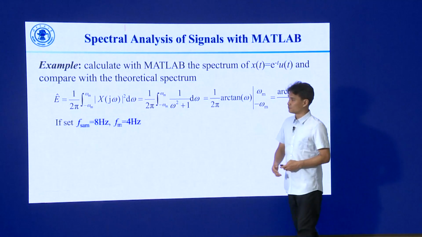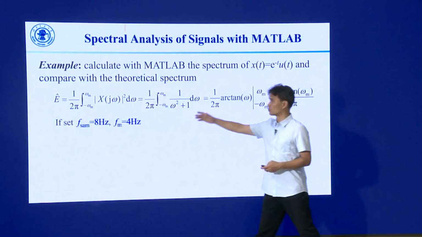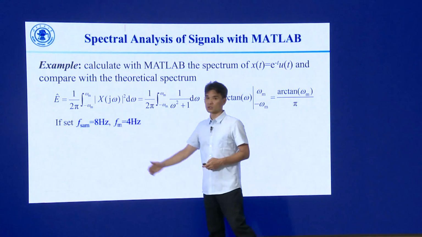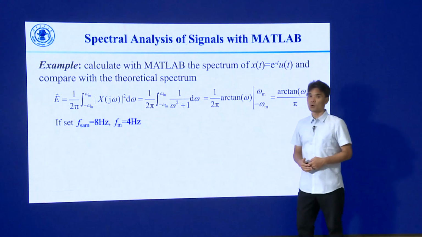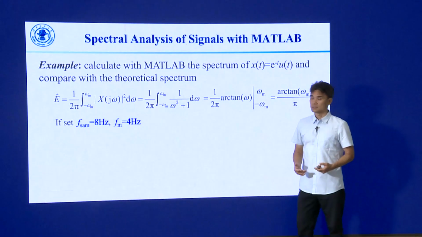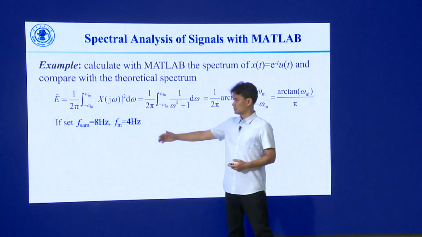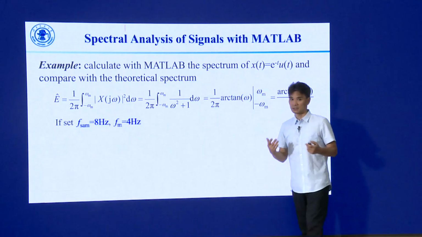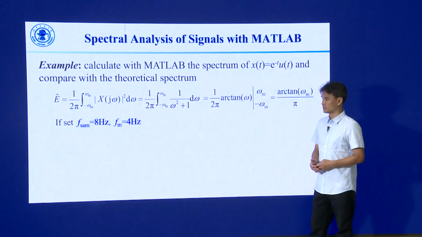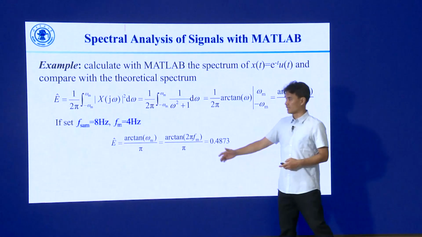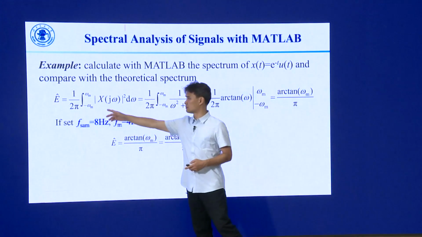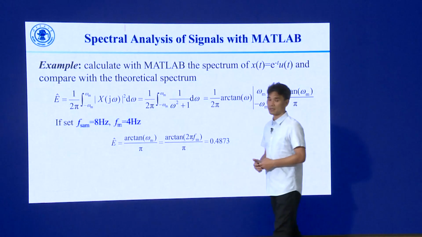Now, let's see, if we try to sample the original signal using sampling frequency equal to 8 Hz, then to avoid aliasing, the maximum frequency has to be not greater than 4 Hz based on the Nyquist rate, so that the energy will be limited to 2 pi times f sub m.